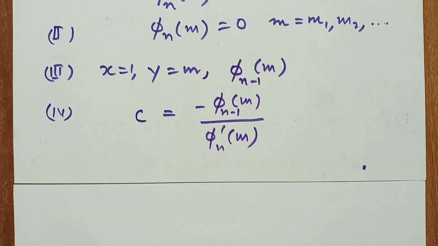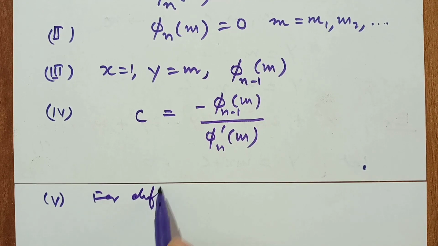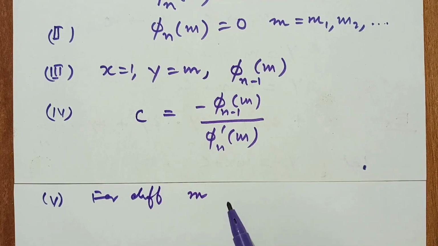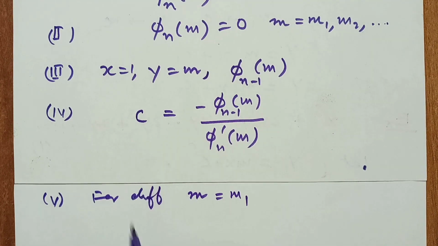Next step is, for different values of m, means m is equal to m1, m is equal to m2 and so on, we will calculate c, means c1 for m1, and for m is equal to m2 we get c2.